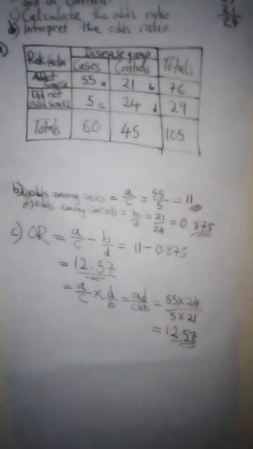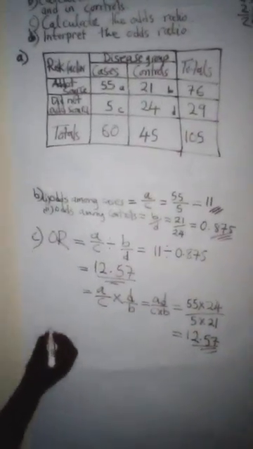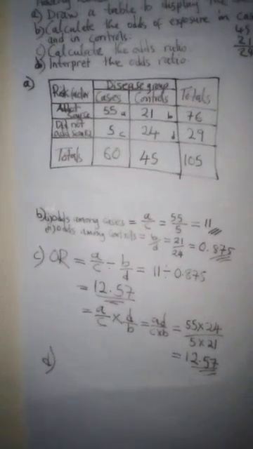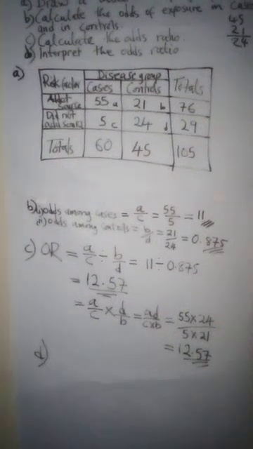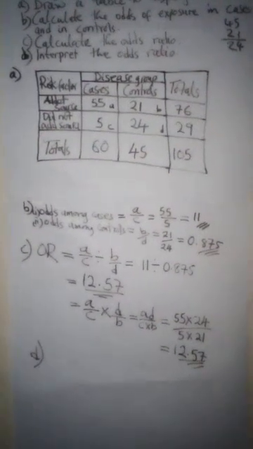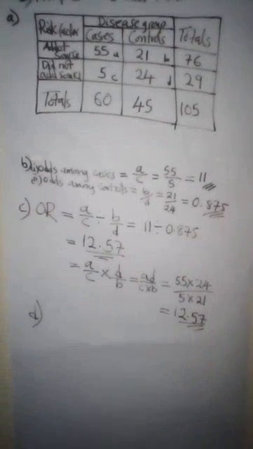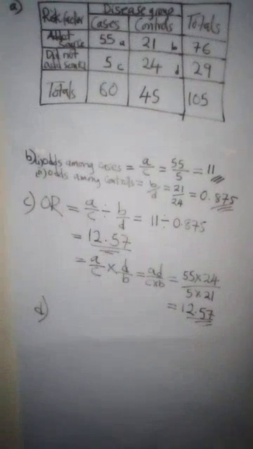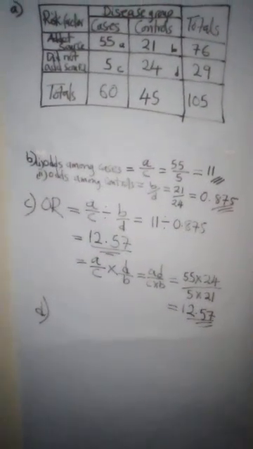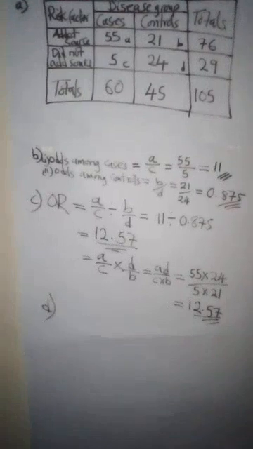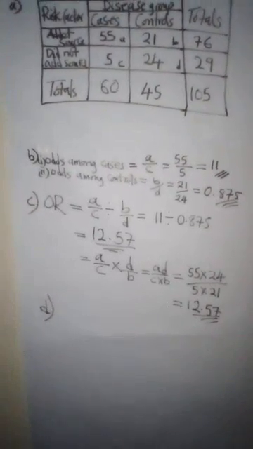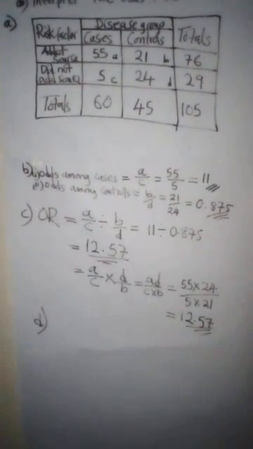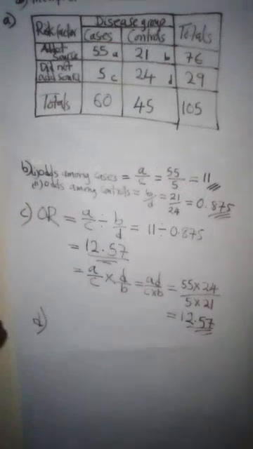Now, what this means is that the odds of exposure among cases was 12.57 times the odds of exposure among controls. We said when the odds ratio is greater than 1, it means that there was an association, and looking at 12, it is telling us there was a very strong association. That is our interpretation.